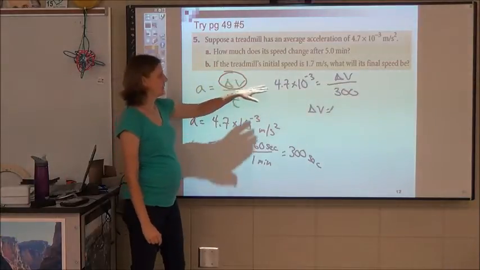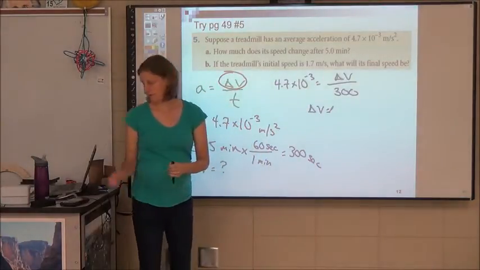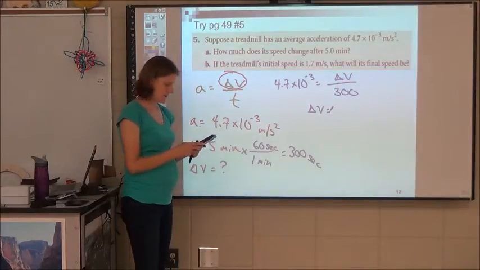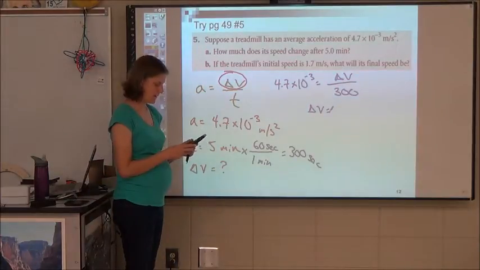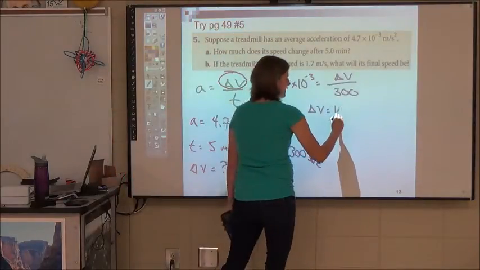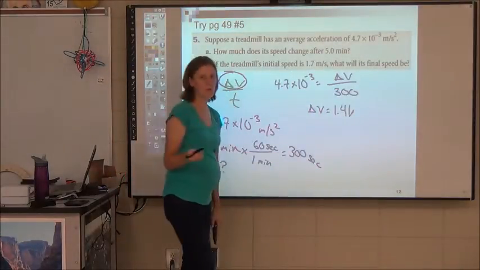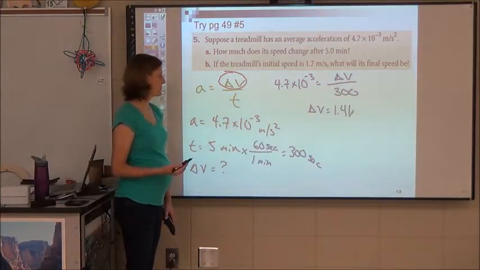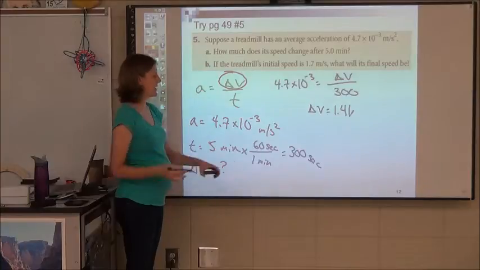And to get delta V by itself, I would just multiply that 300 over. All right, and I get just 1.41. 1.41 what? Okay, it's a velocity. Think velocity units. You need a length per a time.